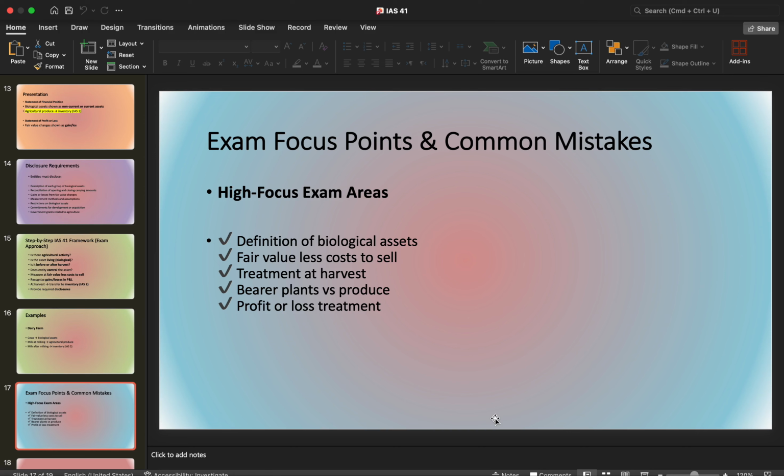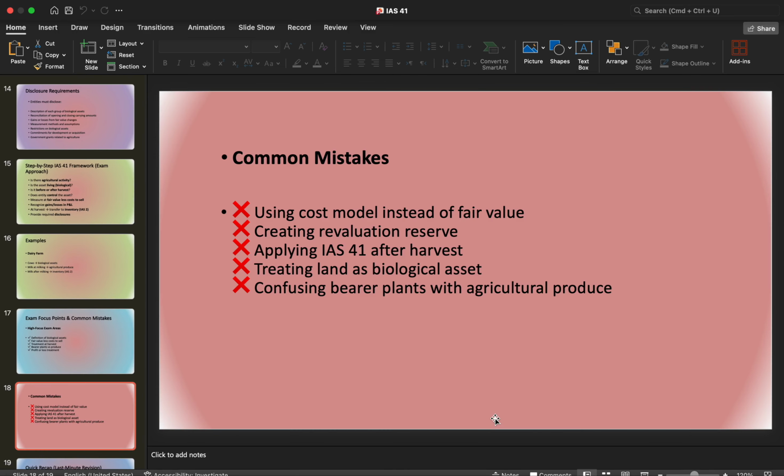Exam focus points and common mistakes. High focus exam areas are definition of biological assets, fair value less cost to sell, treatment of harvest, bearer plant versus produce, and profit or loss treatment. Now, the most common mistakes which students make in exams: they use cost model instead of fair value model, creating revaluation reserve, applying IAS 41 after harvest.